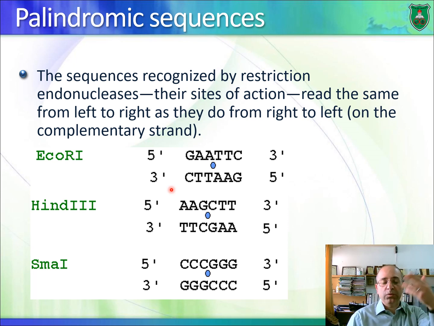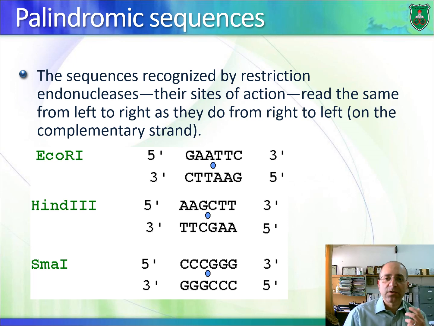Another one is called HindIII. Notice the sequence is AAGCTT. If you read the complementary strand, it's AAGCTT. Same thing. And the same is for the third restriction endonuclease, SmaI, CCCGGG. Again, the complementary strand is CCCGGG.